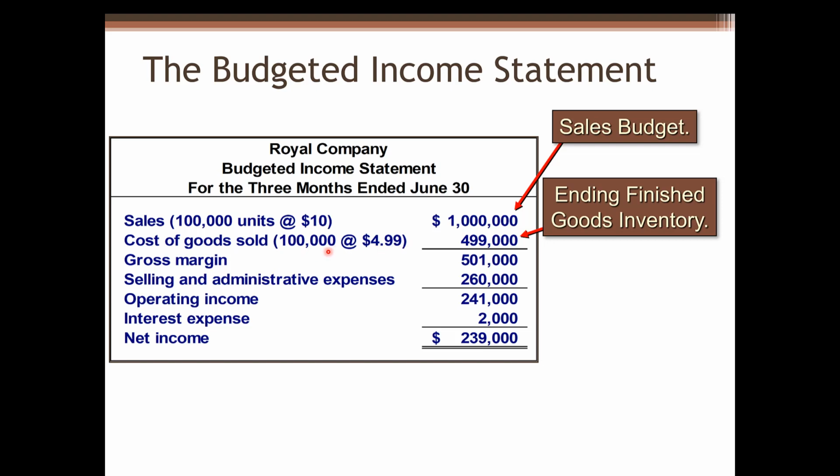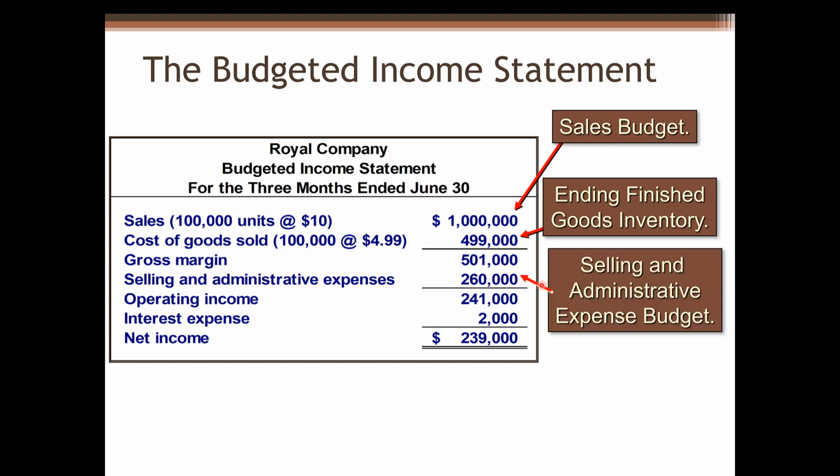And for total cost of goods sold dollar amount, we use product cost per unit multiplied by units sold. 100,000 is expected sold units for the quarter. So we can get the total here, $499,000. The difference between sales and the cost goods sold is gross margin.